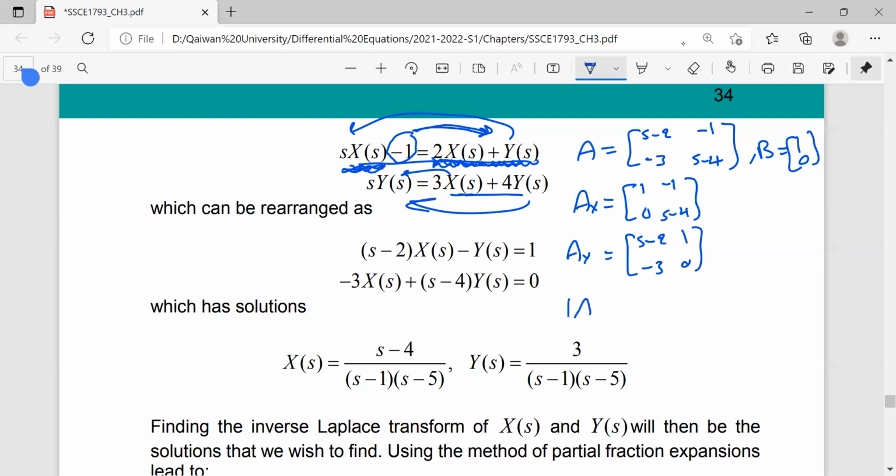The determinant of A is s minus 2 times s minus 4, multiply these two, minus, we multiply these two. Okay, it's s minus 2 times s minus 4, minus 3. This is the determinant of A. And you can simplify it more. s minus 2 times s minus 4 is s squared minus 6s plus 8.